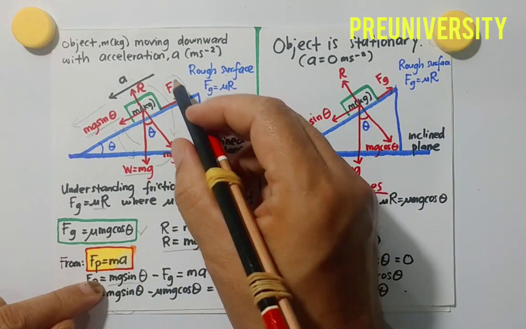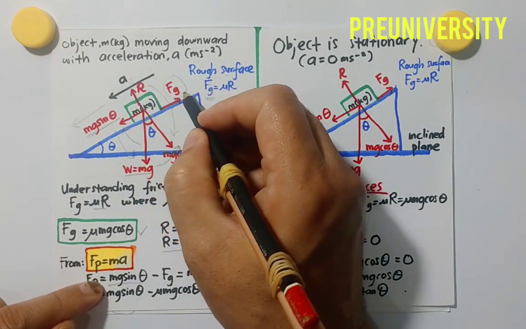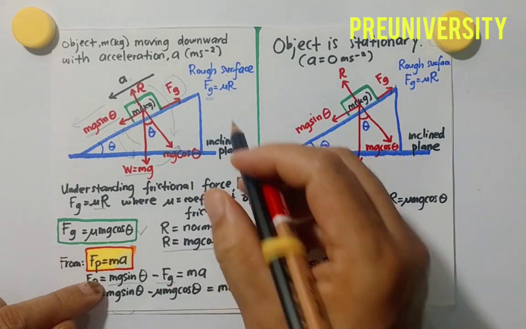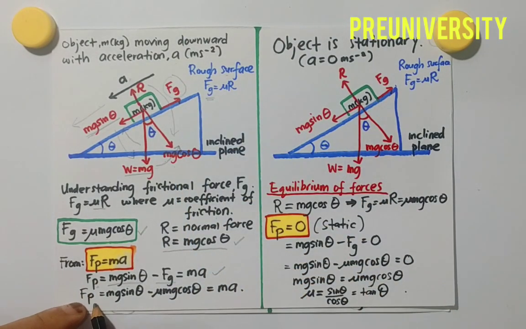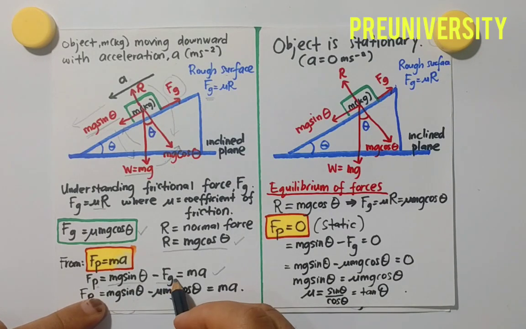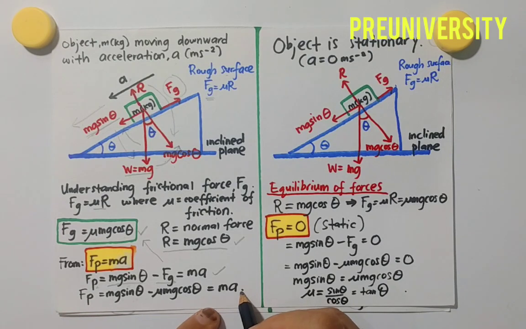And then Fg is in the opposite direction of the a, so we take it as negative, and it is equal to the ma. Then we have mg sin theta minus Fg, which is mu mg cos theta, equals ma.